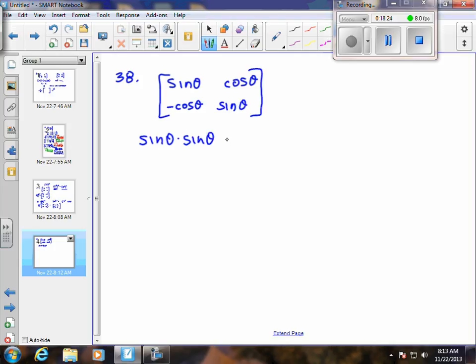And from that, we're going to subtract cosine of theta times negative cosine of theta. So that gives you sine squared of theta plus cosine squared of theta, and that's the fundamental identity. So it's not 0, so it has an inverse.